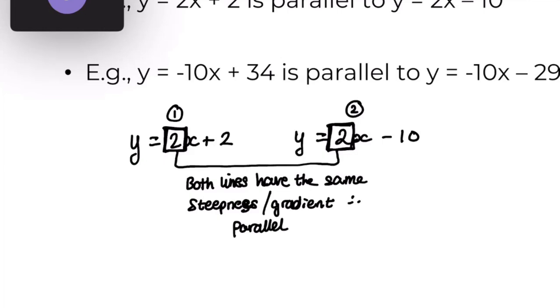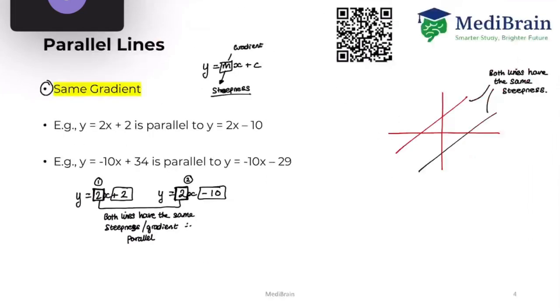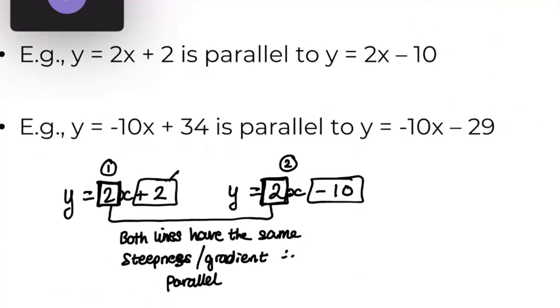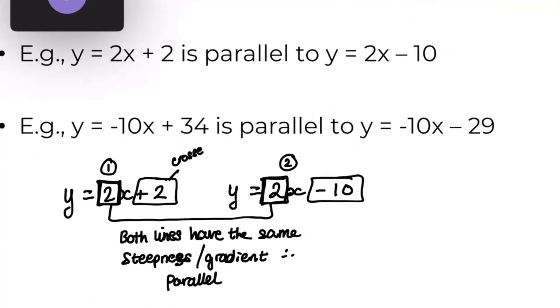This end number doesn't matter. It doesn't matter what this end number is, because the end number just tells you where the line crosses the y-axis. So all this tells you is this line crosses the y-axis at 2, and this line crosses the y-axis at -10.